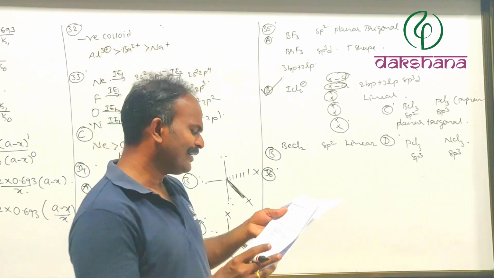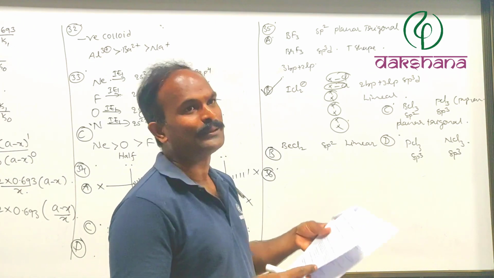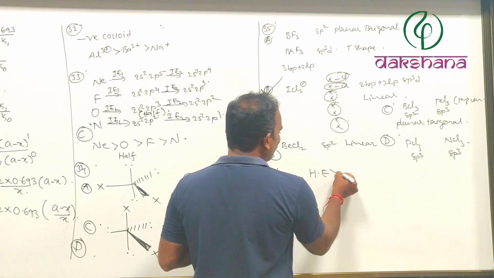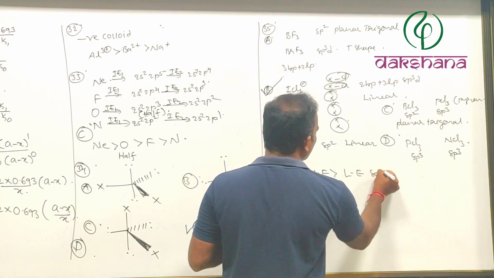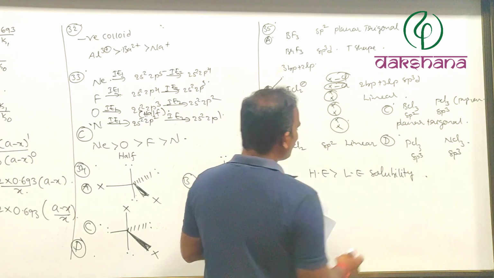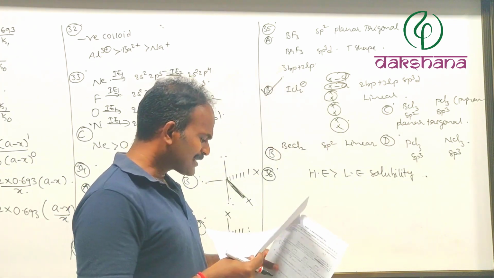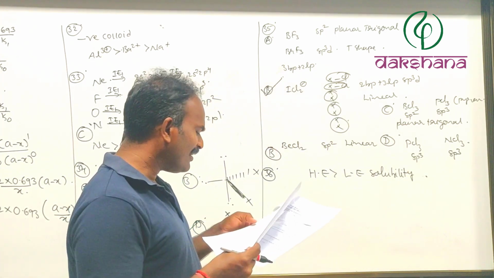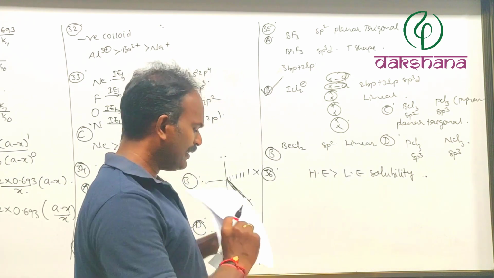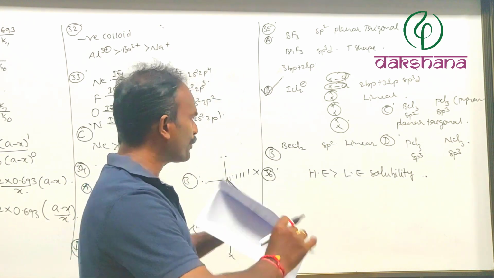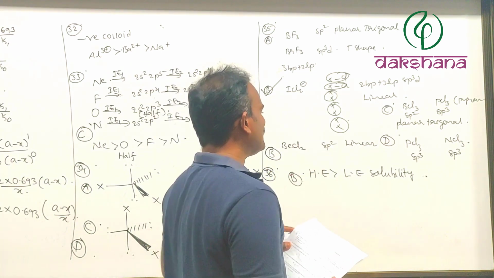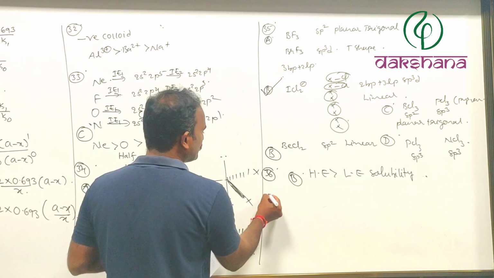It could definitely be greater lattice enthalpy of lithium, because if hydration enthalpy is greater than lattice enthalpy, then solubility will be there. If the lattice enthalpy is more, the solubility will be lesser. So it could be option B.